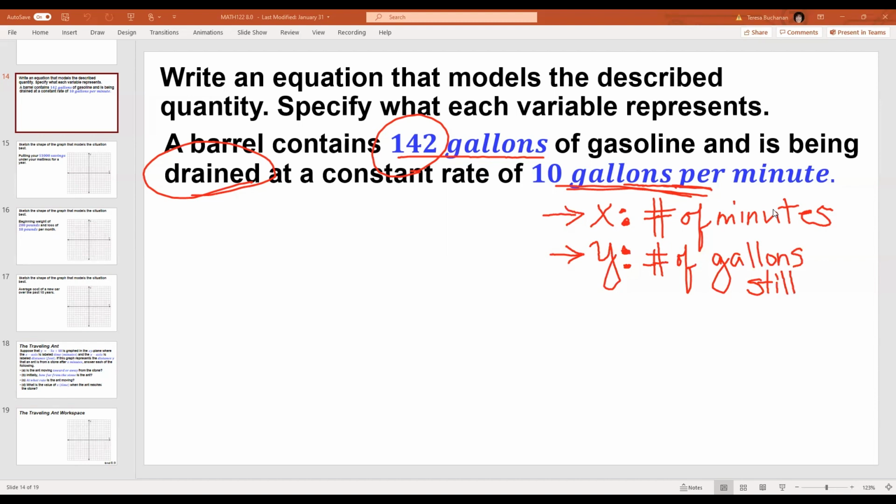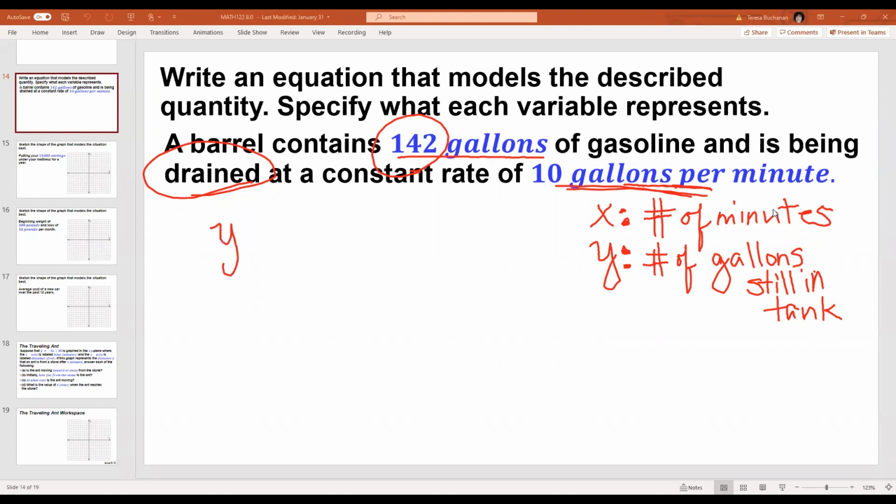If you kind of have an answer in your mind that way, it means that X is what we call the independent or input variable. Y is what we call the dependent variable. The Y situation is a result of what happens in X. The number of gallons is a result of the number of minutes that have passed. So, having said all that, what do we want to say here?